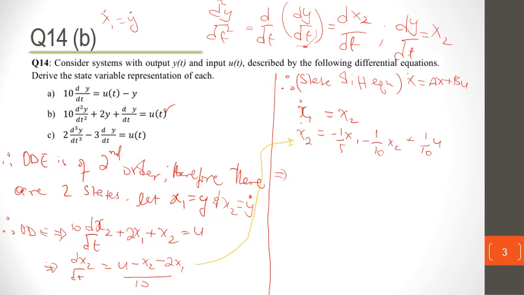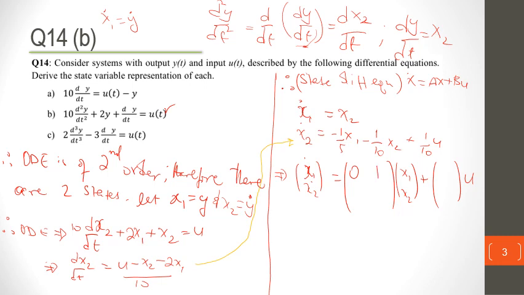This implies that now we can write x1 dot, x2 dot being equal to, you can write it in matrix form this way. x1 dot doesn't have anything to do with x1, so this will be 0, this will be 1.